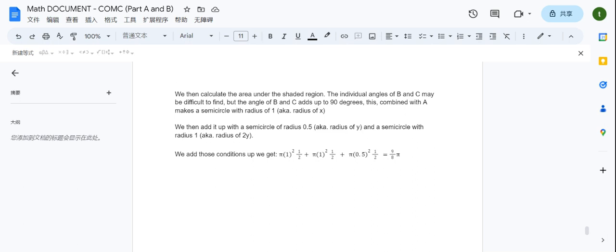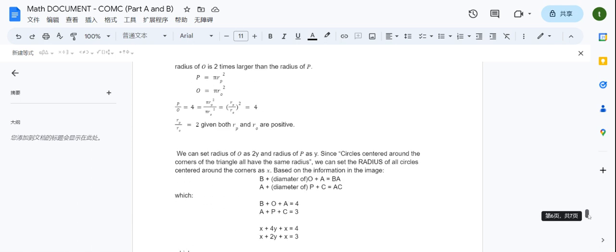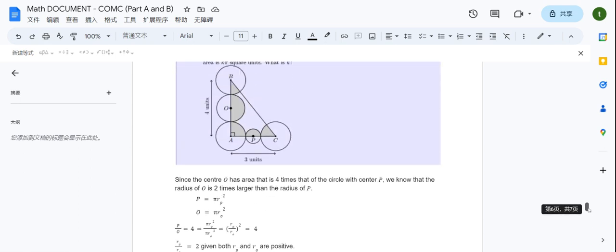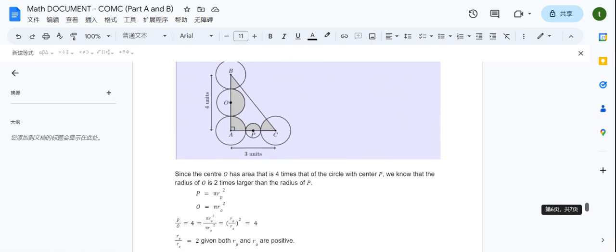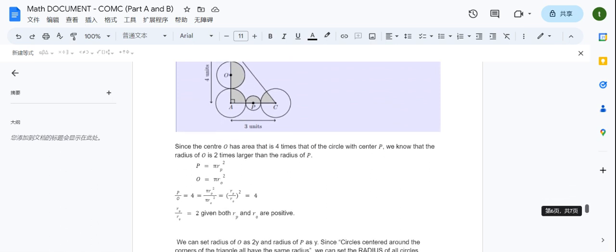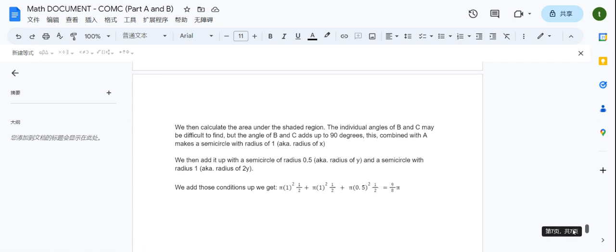We can then end up with another semicircle with radius 0.5, the radius of y, and then a semicircle with radius 1, the radius of 2y. The semicircle of radius 0.5 refers to the shaded area in circle P, while the semicircle with radius 1 refers to the shaded area of the semicircle O.